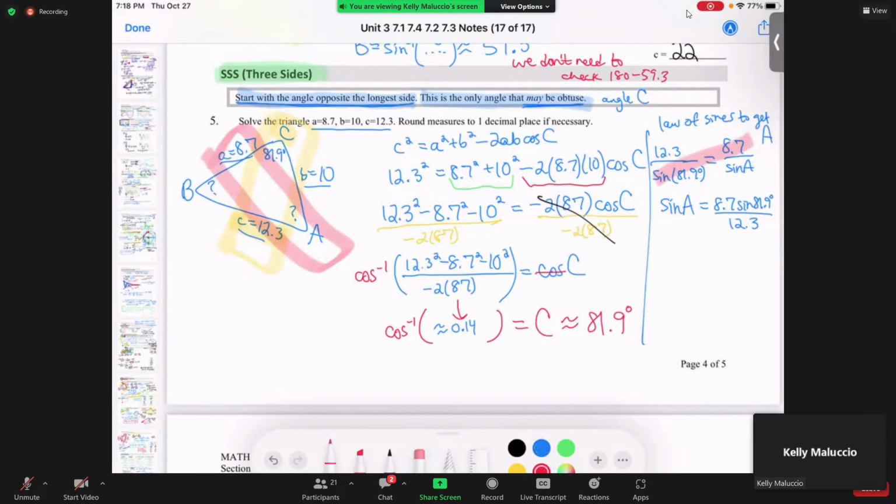And then take inverse sine of this. You could just do inverse sine, and if it doesn't work, then you know there's an issue.